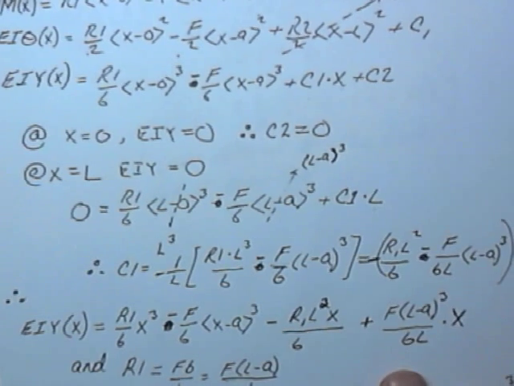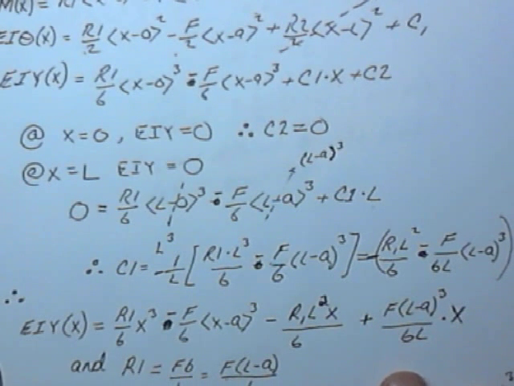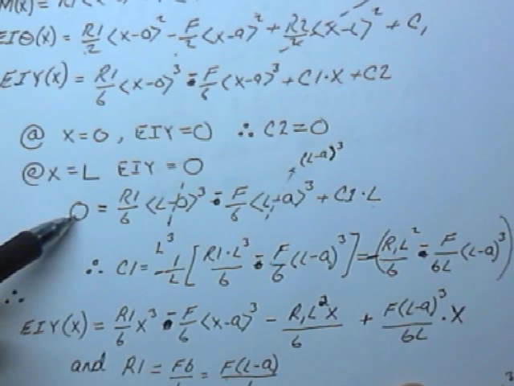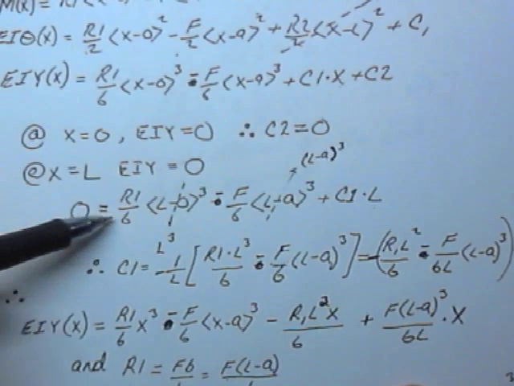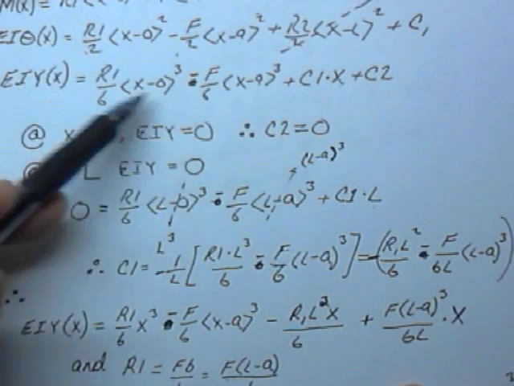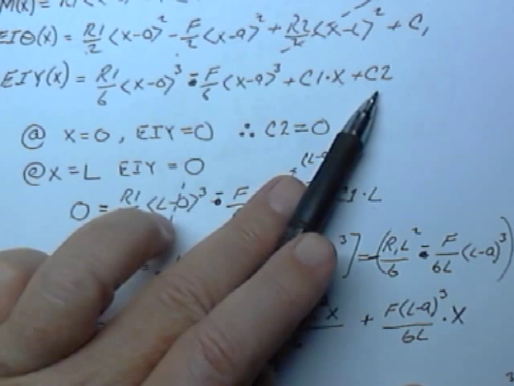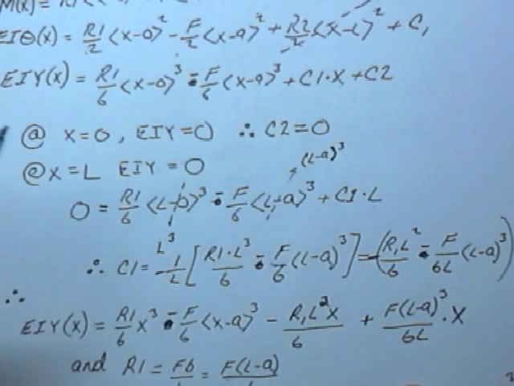I maybe should stop the video, but I'm not going to. If you got frustrated, here are the boundary conditions. You might want to just pause it right there. Remember what I said. At x equals 0, we plug stuff into the equation here, and everything with C2 is 0, therefore C2 is 0.